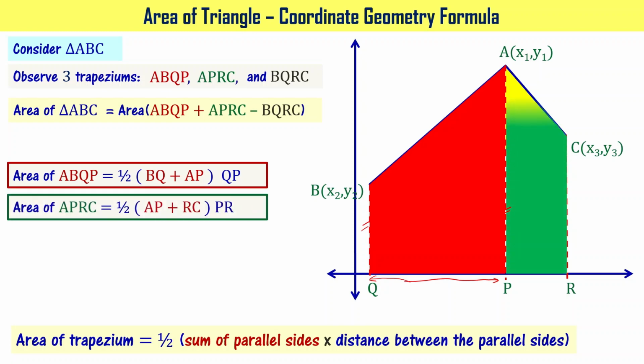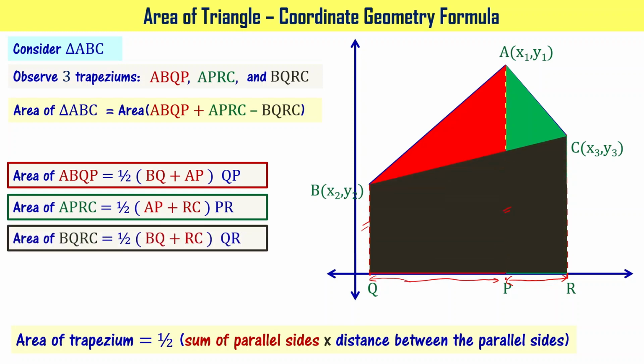Similarly, I can write formula for area of APRC, that is half (AP + RC), those are the parallel sides, times PR, that is the height or the distance between the parallel sides, that is here, right? Now let's go to area of trapezium BQRC.